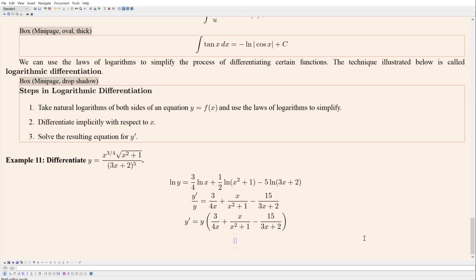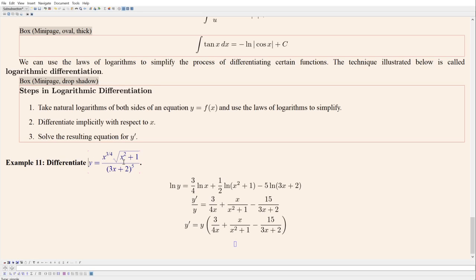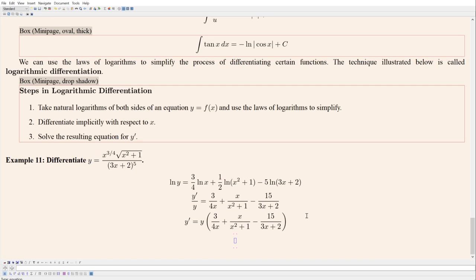It's a little bit uncouth to leave the y in here. Really, we want the final answer to be entirely in terms of x's. But thankfully, we already have an expression for y, right? It was given to us at the very beginning. So let's just replace y with all of this, and then we shall be done.